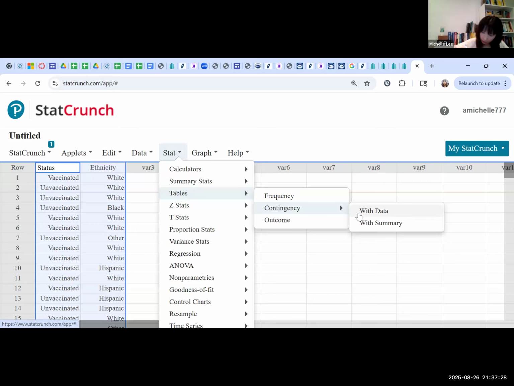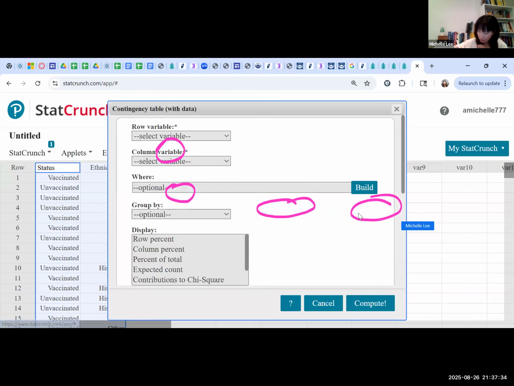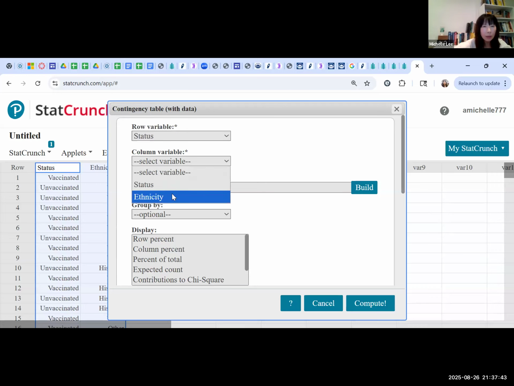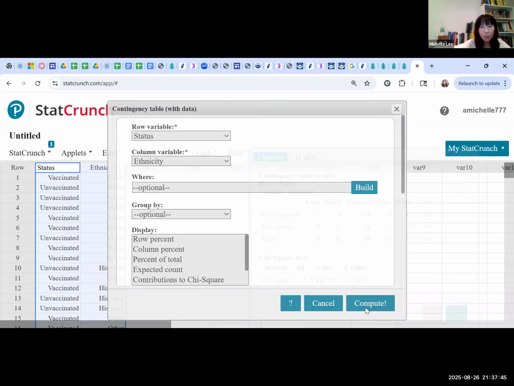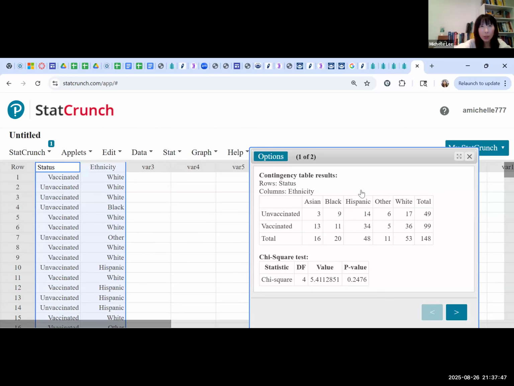So Stat, Tables, Contingency table with the data. Yeah, click that. All right. The first one for first, second one for second, and compute. Okay, that is contingency table.